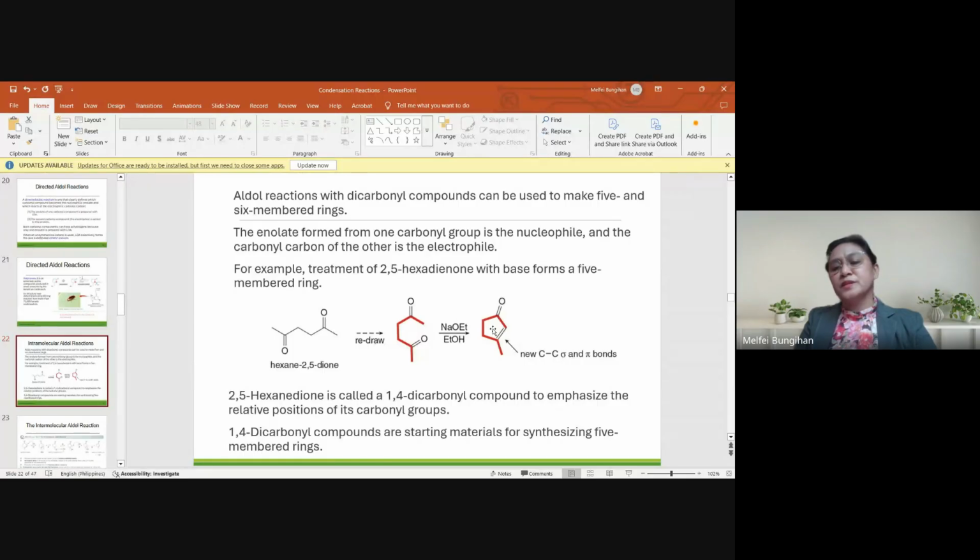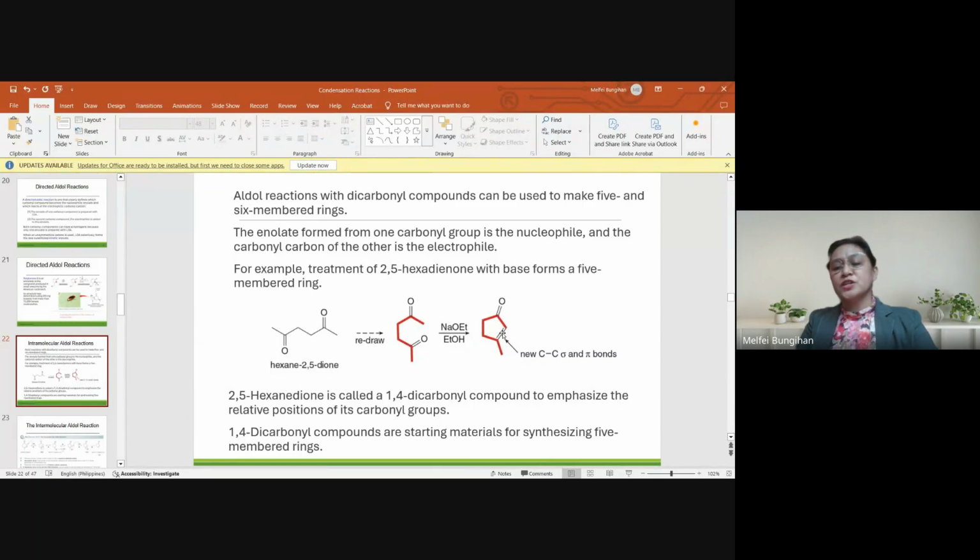If you split it, you know that this is where you have your COH. That means what actually reacted is this one bonding to this one. I don't know if you are seeing my pointer. It's bonding to the original carbonyl here so that you form your five-membered ring.